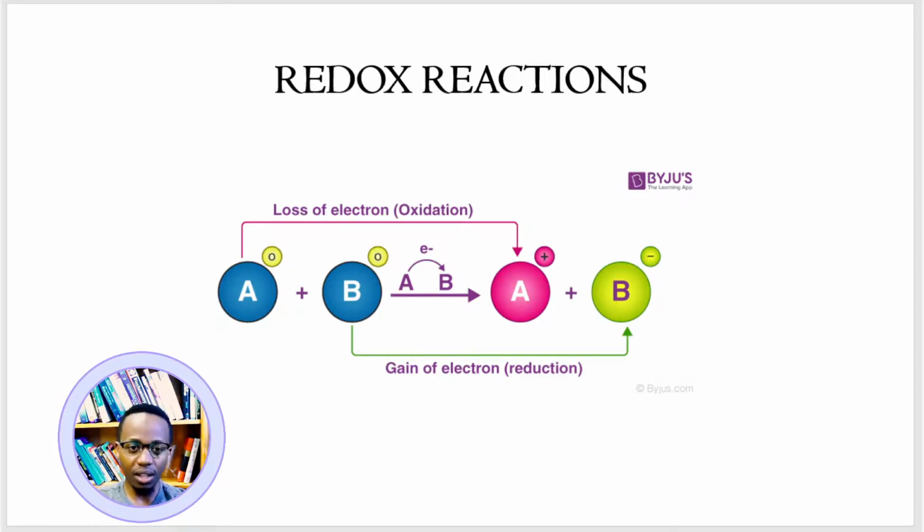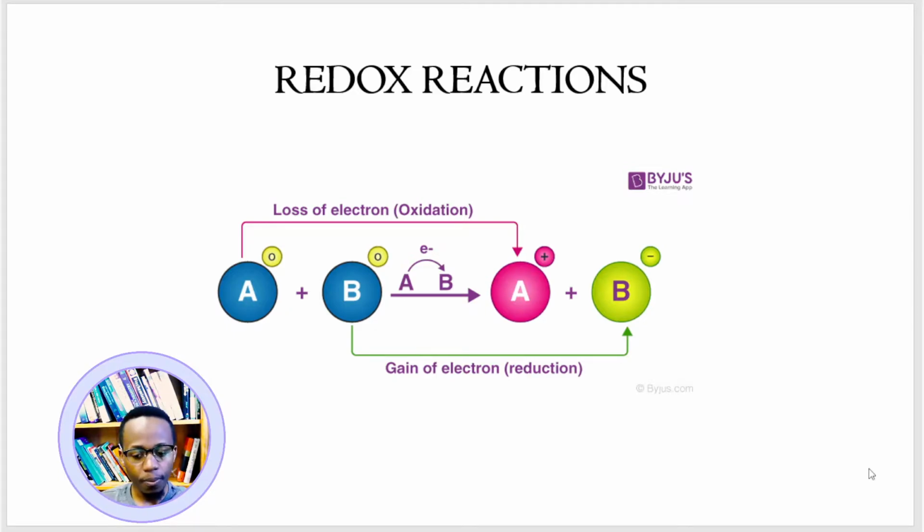Oxidation is the loss of electrons. Reduction is the gain of electrons. And these are coupled together, right? So these are not two reactions. It's one reaction that involves a loss of electrons and a gain of electrons, right? So we need to know in a redox reaction what entity is losing electrons, what entity is gaining electrons, right?